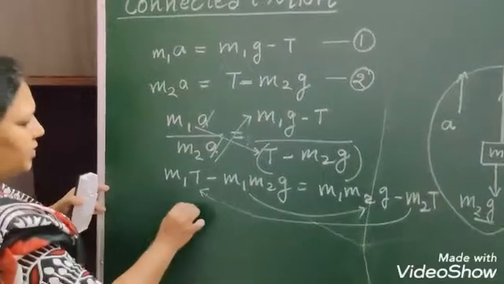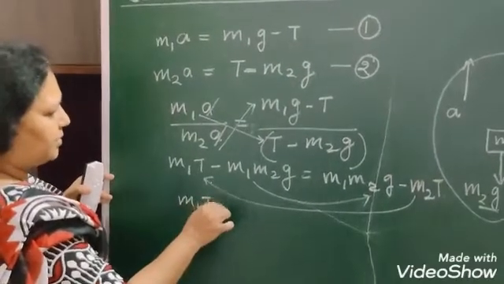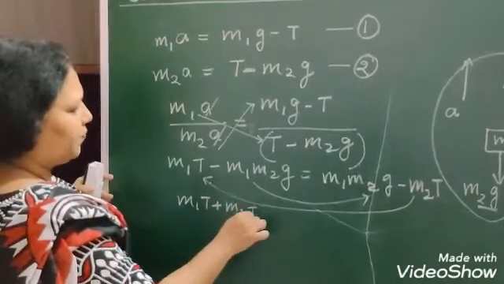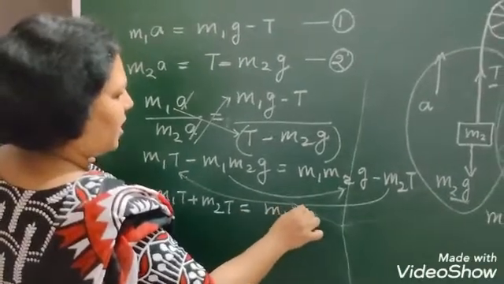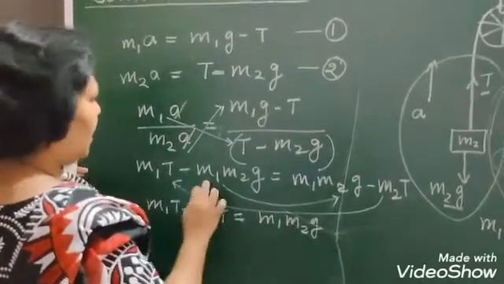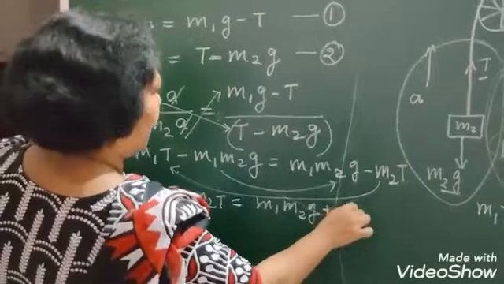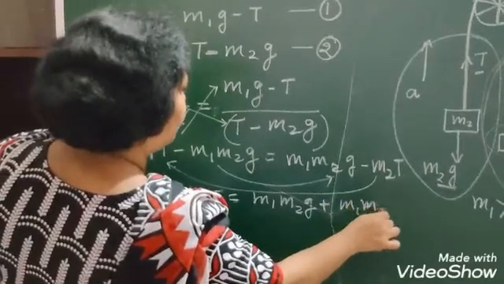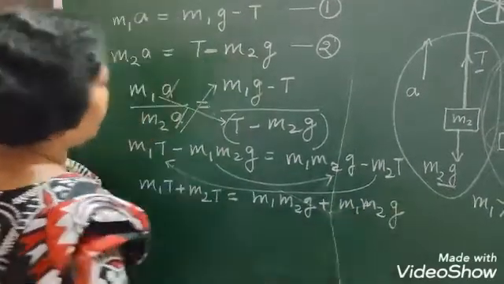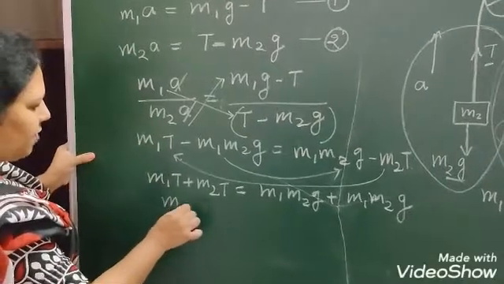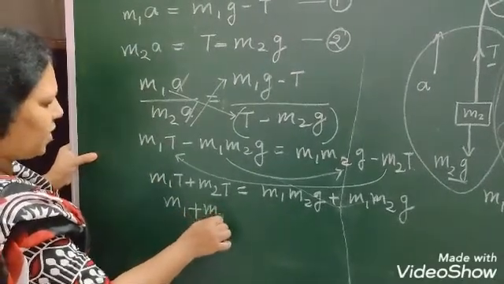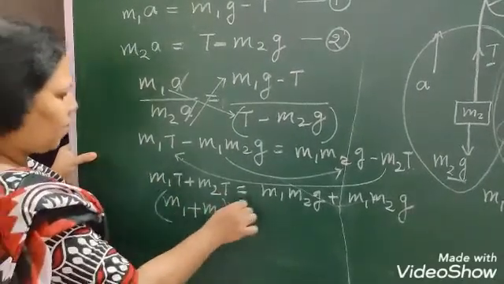Okay, so this is m1T plus m2T is equal to m1m2g plus m1m2g. Now you will see we can take common here (m1 plus m2), and T we will take common here.